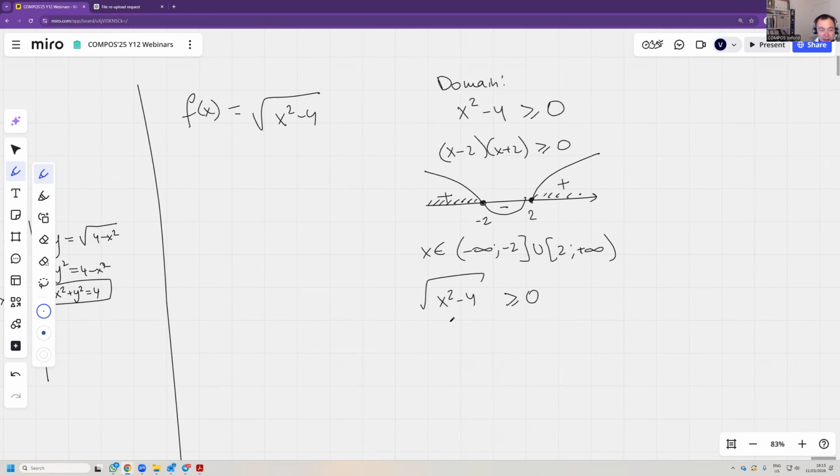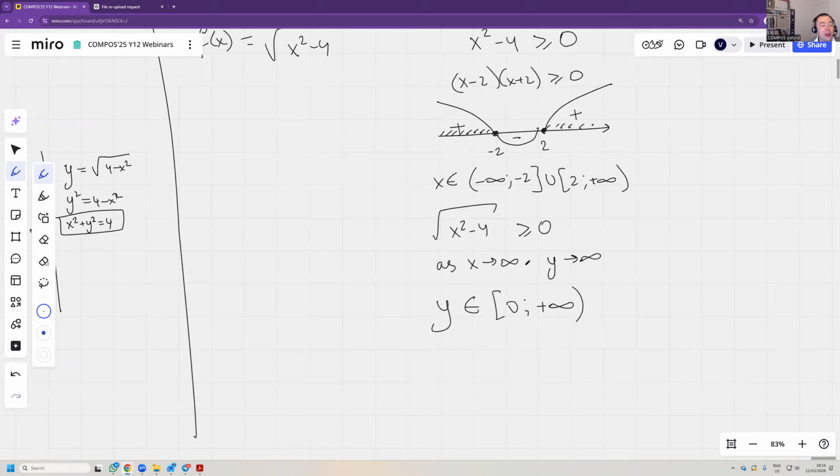But there's no upper limit, because the smallest value is when x is 2, and then as x tends to infinity, y also tends to infinity. So it is unbounded. So y belongs to from 0 to plus infinity.